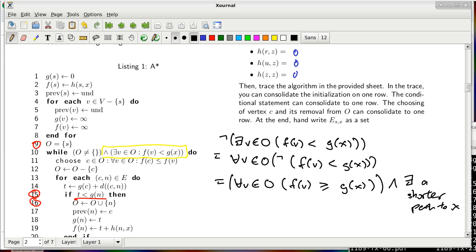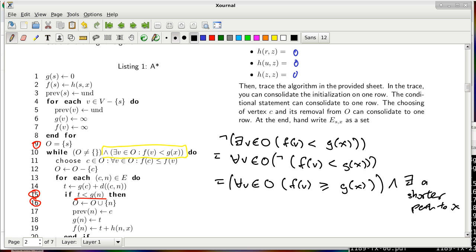I don't get it. I don't see the connection. What about that statement contradicts there being a shorter path? That's the part where I'm getting lost.